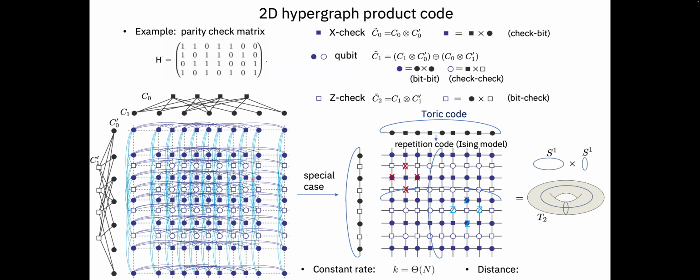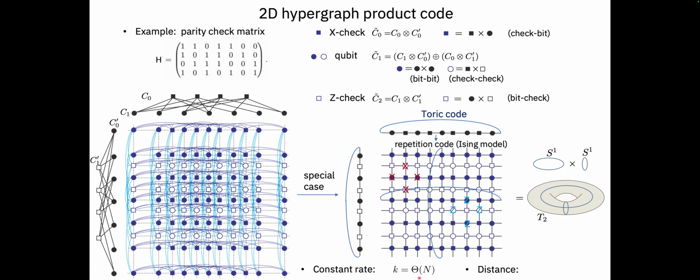So basically, you can first count the number of logical qubits, and that will be the size of the first homology group, and you get that from the Künneth formula, the combination of the zero cycle and the first homology of the classical code. So in this way, you can see that if I choose a good classical code that already has constant rate, then this product code produced also has constant rate.